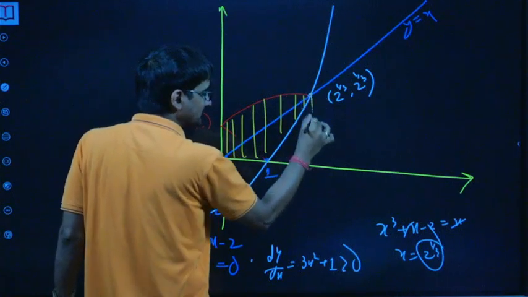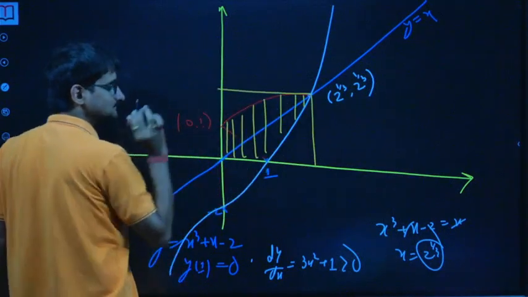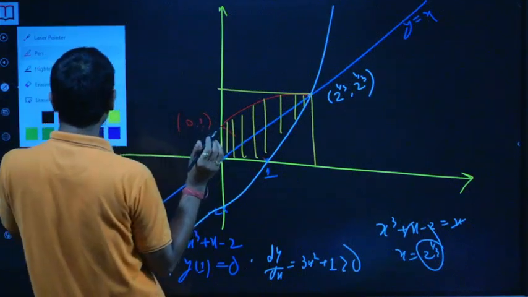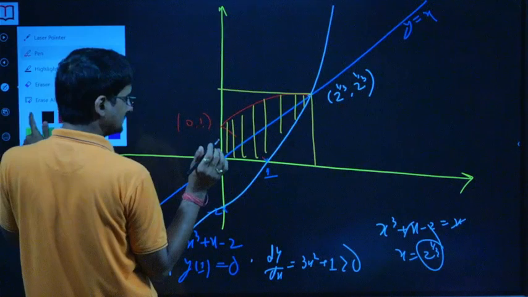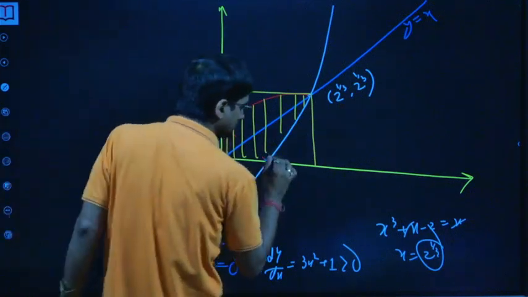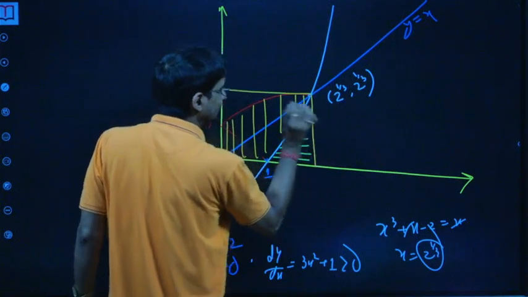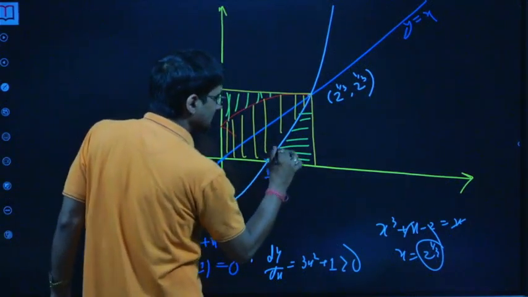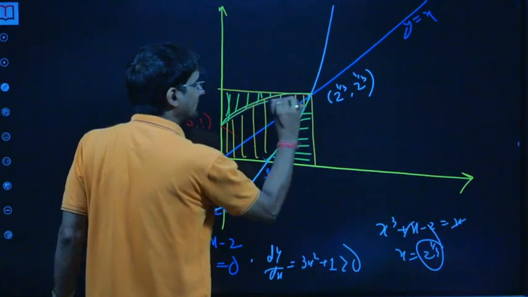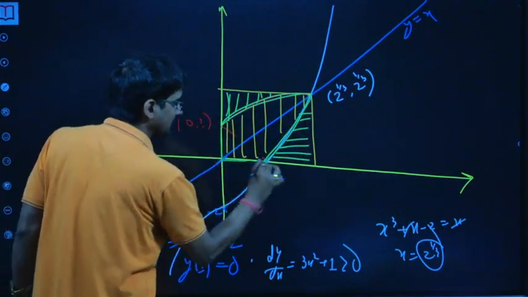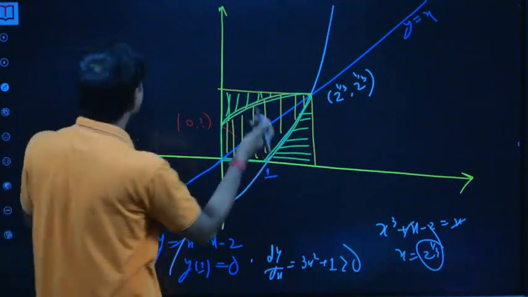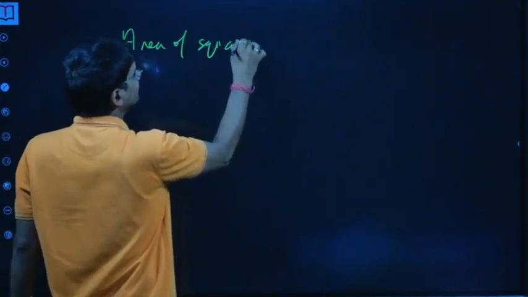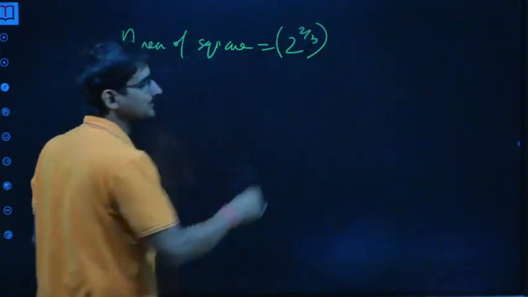Now what I did, I just completed this square. From this square, if I remove this region and this region, won't we get the answer? We will get the area bounded by this curve. The area of the square is 2 raised to power 2 by 3, that is 2 raised to power 1 by 3, squared.